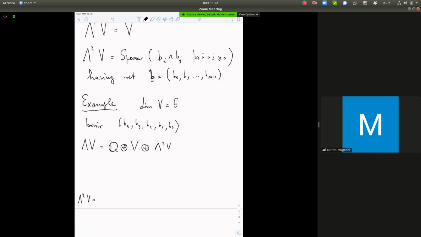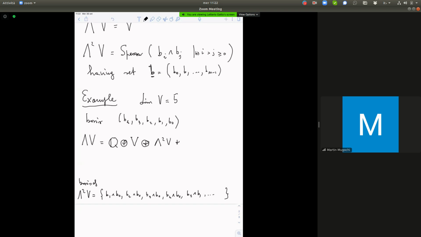Let's write the basis of wedge 2V: B1 wedge B0, B2 wedge B0, B3 wedge B0, B4 wedge B0, B2 wedge B1, etc. Are you able to complete this table? Please do it. So an element of wedge 2V is a linear combination of these expressions.